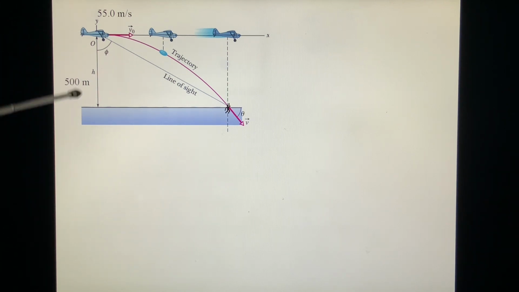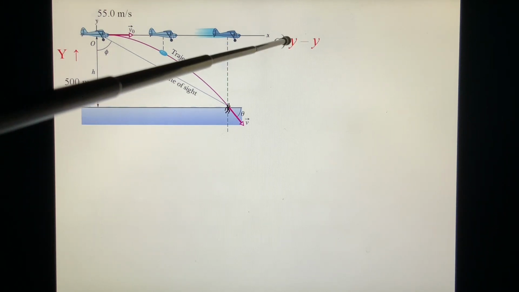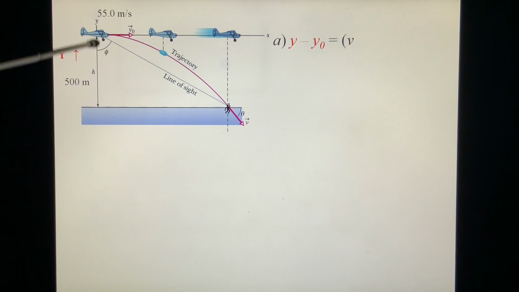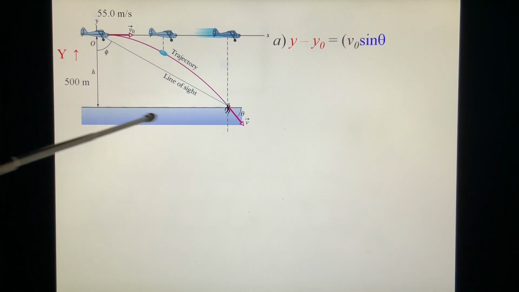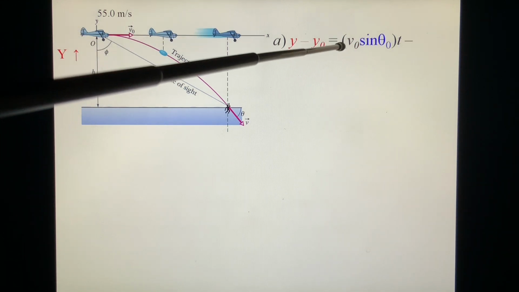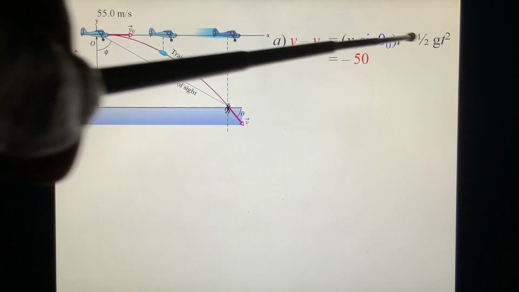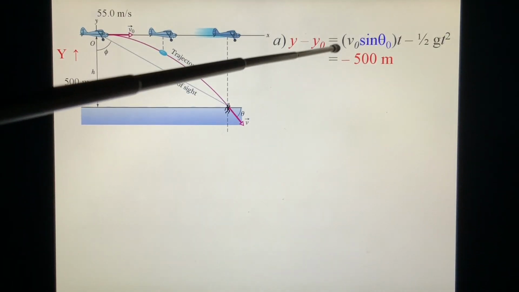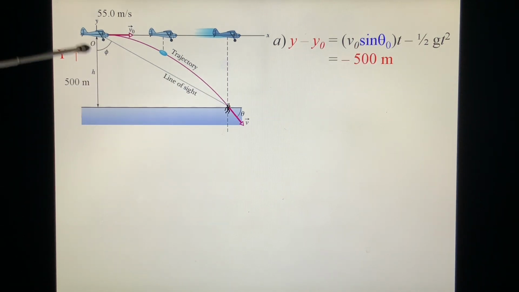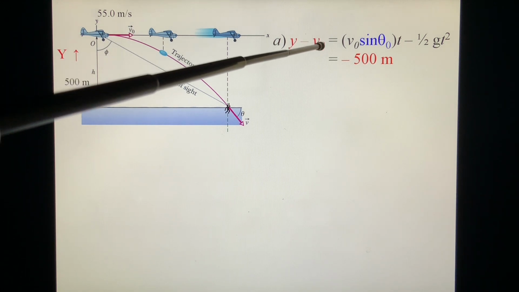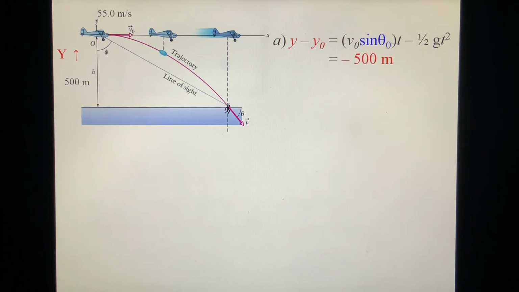We can get it from the vertical motion. That's the strategy. y minus y0, where y is here and y0 is here, minus 500, equals v0t minus one half g t squared. From here, we can find t, because this is minus 500. Y is going up, so this is 0, this is minus 500, this is minus 100, this is 0.